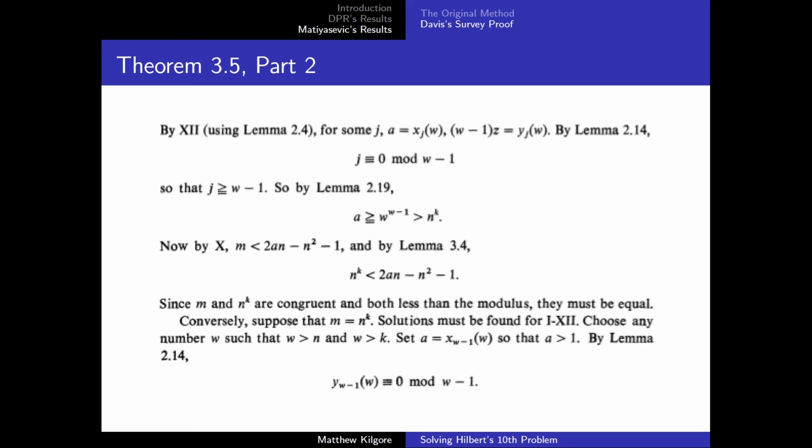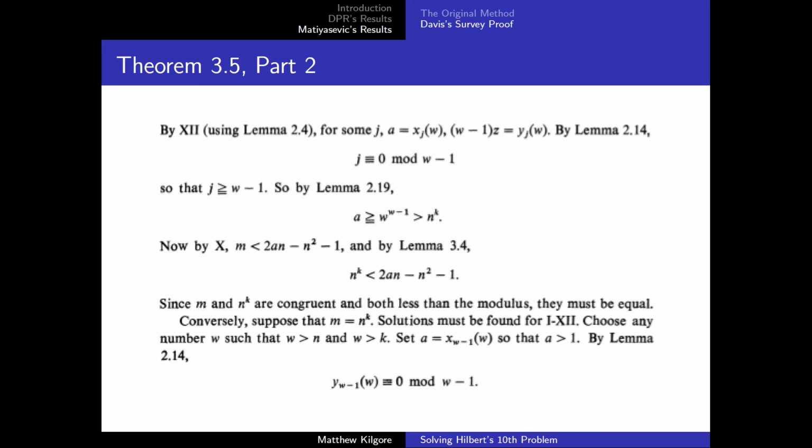Thus, by 14, j is equivalent to 0 mod w minus 1, and thus j is greater than or equal to w minus 1. Thus, by 19, we obtain w to the w minus 1. Namely, a is greater than or equal to it, and n to the k is less than it.